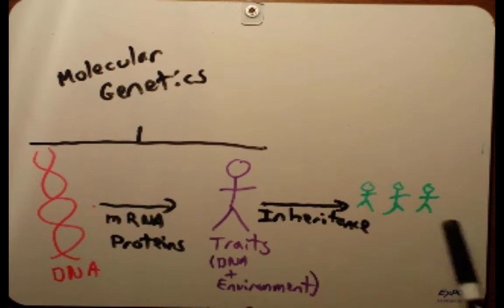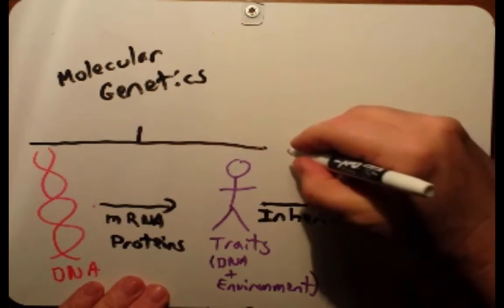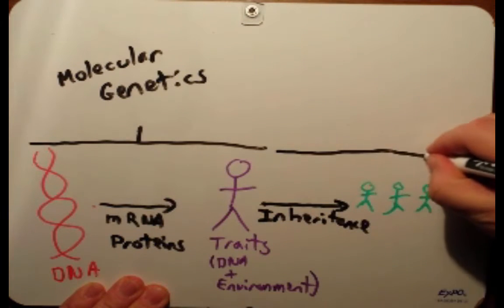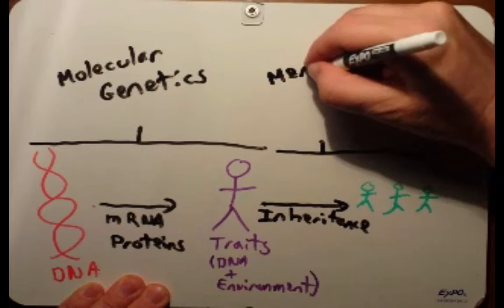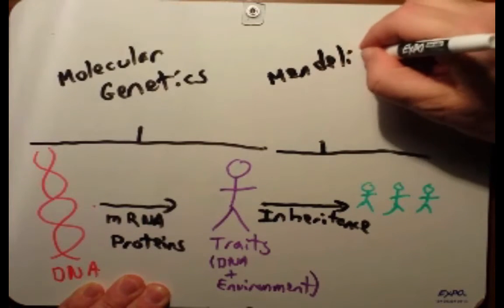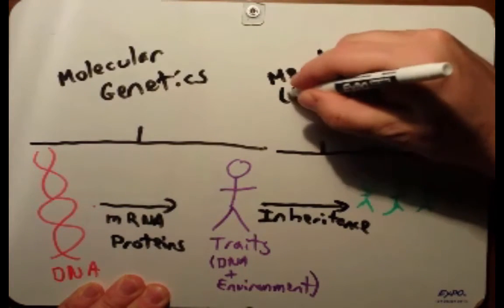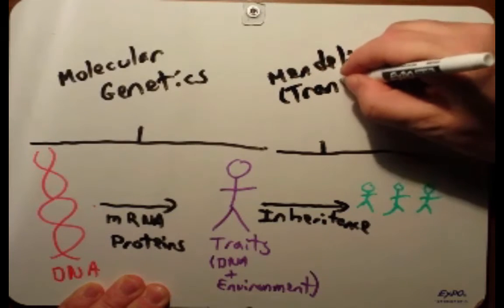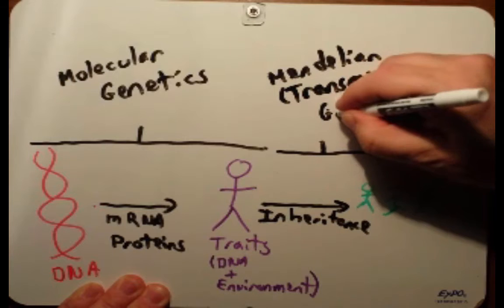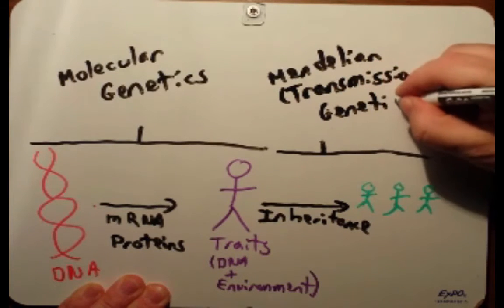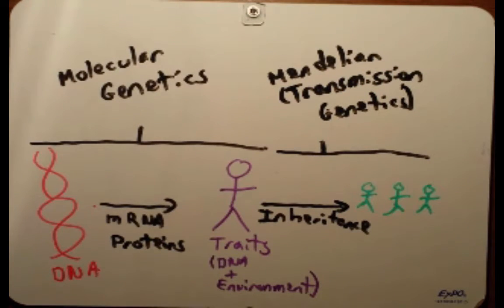How do we pass these traits on to the next generation? We call this process Mendelian genetics, or sometimes transmission genetics. That is the rules that help govern how specific genes which encode traits are passed on to the next generation.